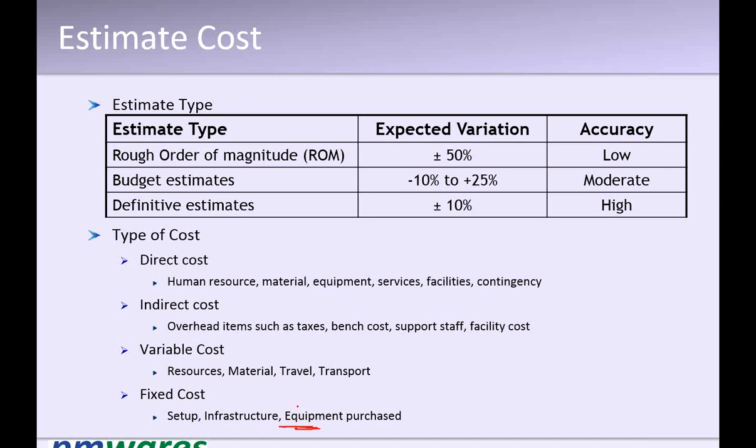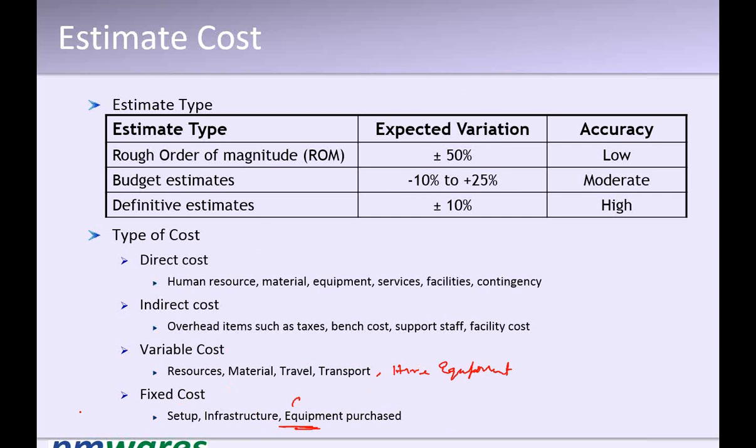It's a capital expenditure, a fixed cost. But if you hire equipment, that is a variable cost. As soon as you remove this equipment from your project, the cost is gone.